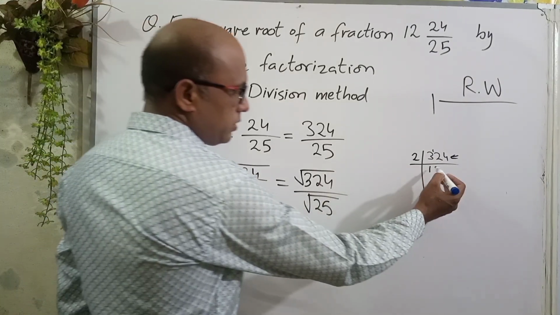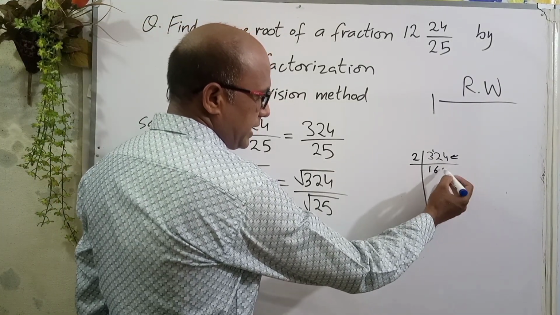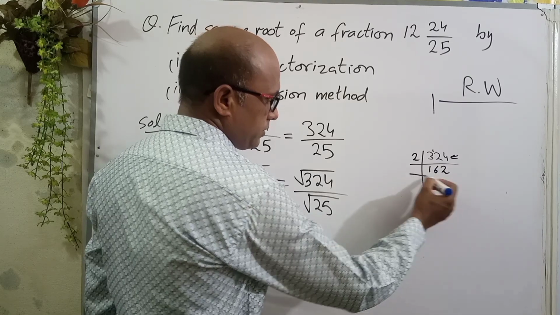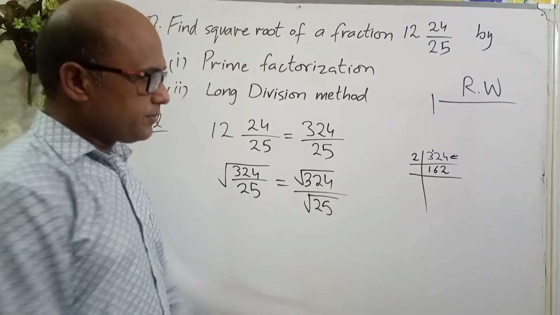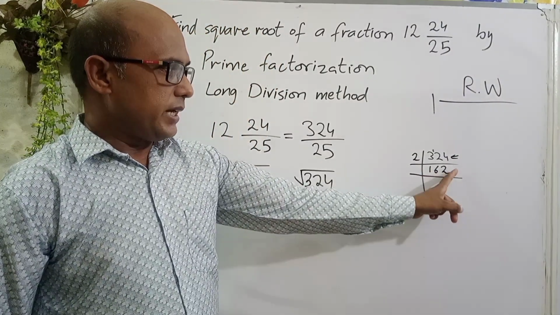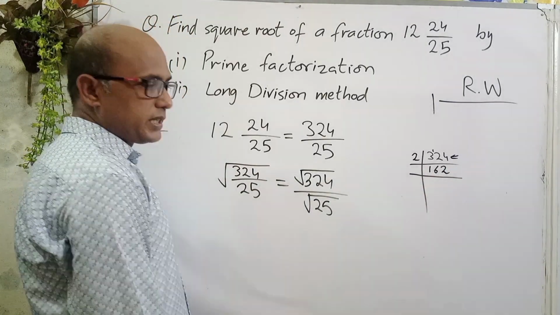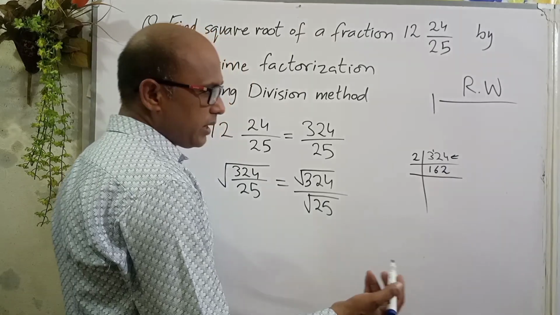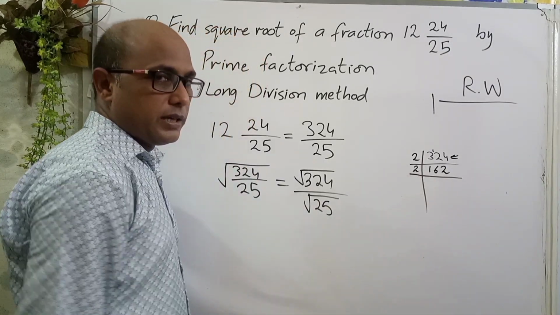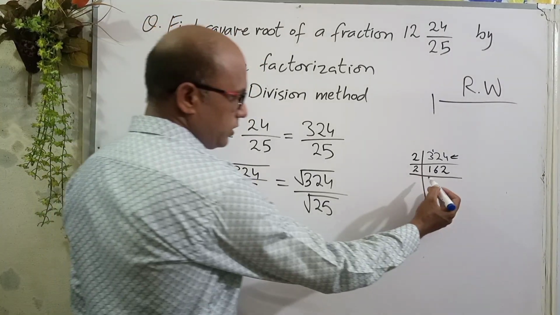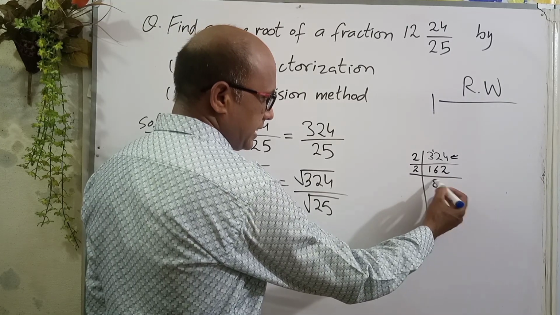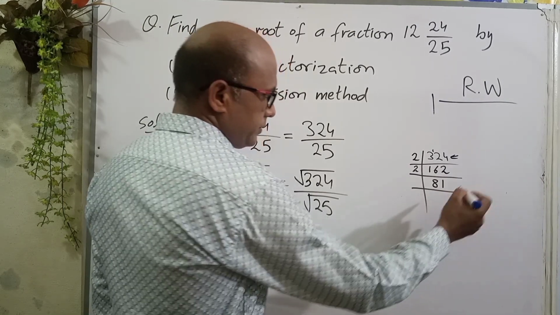Now 2 6s are 12 and 2 2s are 4. Then see, the last digit of this number is 2, which is an even number, so it will be divisible by 2 also. 2 8s are 16 and 2 1s are 2.